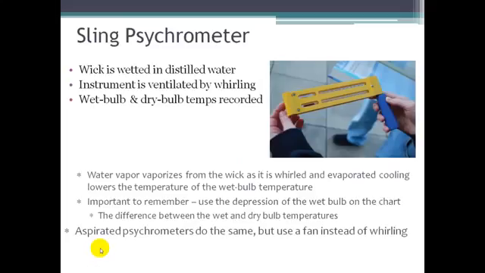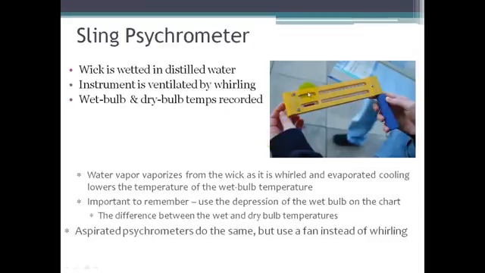Finally, the sling psychrometer is kind of popular in meteorology classrooms. It looks like this one, or they have lots of different looks, but basically you have two thermometers, and one of the thermometers has a little wick on it, like a cotton sock, and you get that sock wet with distilled water, and then the handle allows you to spin this thing around.